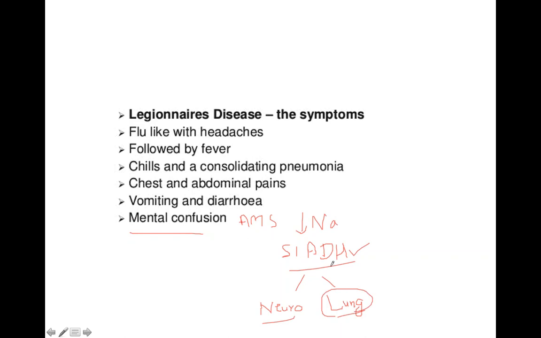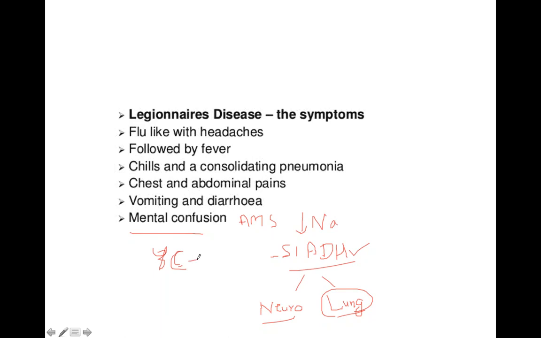What are the other causes of SIADH? Drugs, like the 4Cs: carbamazepine, clofenac, cyclophosphamide, and chlorpropamide.